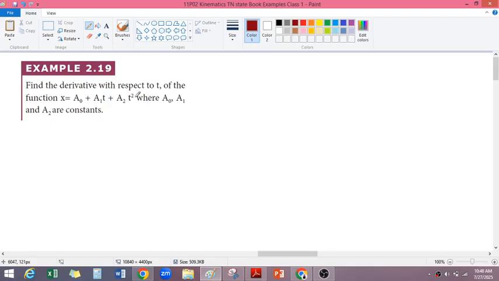Find the derivative with respect to t of the function x is equal to a naught plus a1 t plus a2 t square. As I said, d by dx of x power n, the formula is n x power n minus 1.